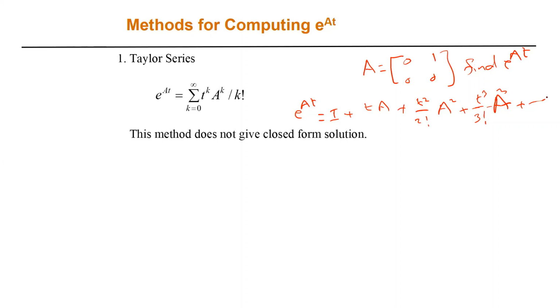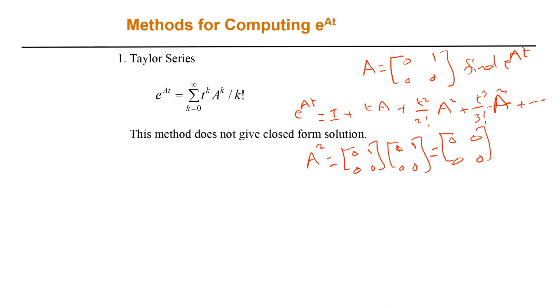So let me first evaluate A squared. A squared is A times A, the multiplication of the two matrices. What does this equal to? All zeros. So if A squared is 0, what will A cubed be?